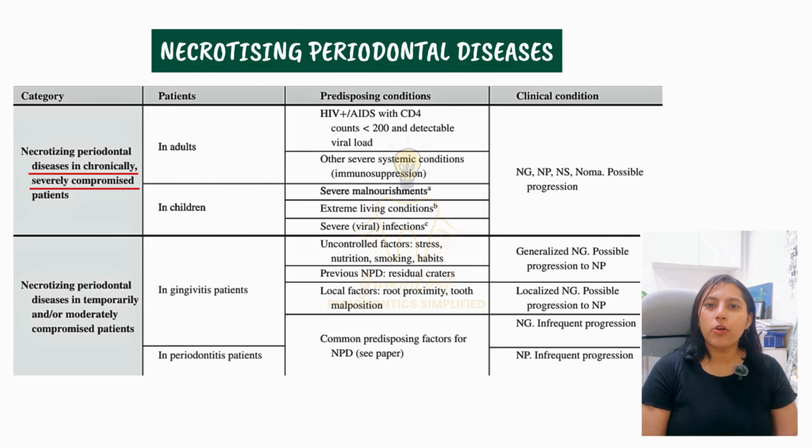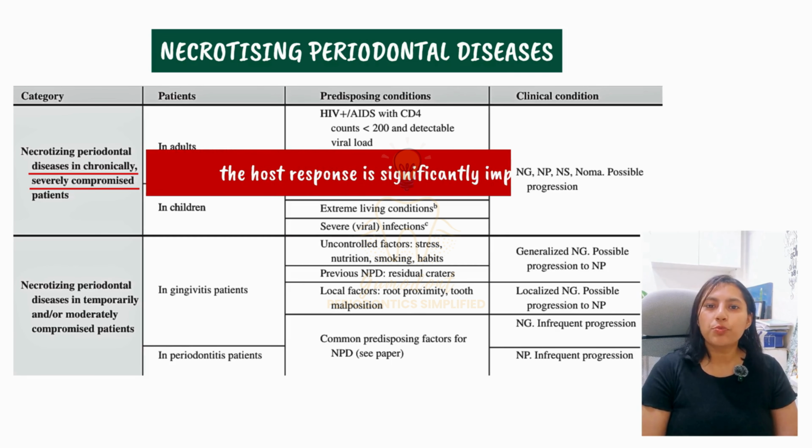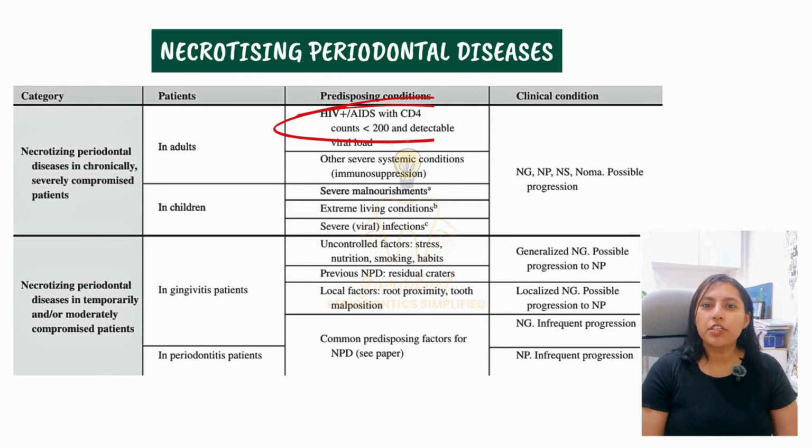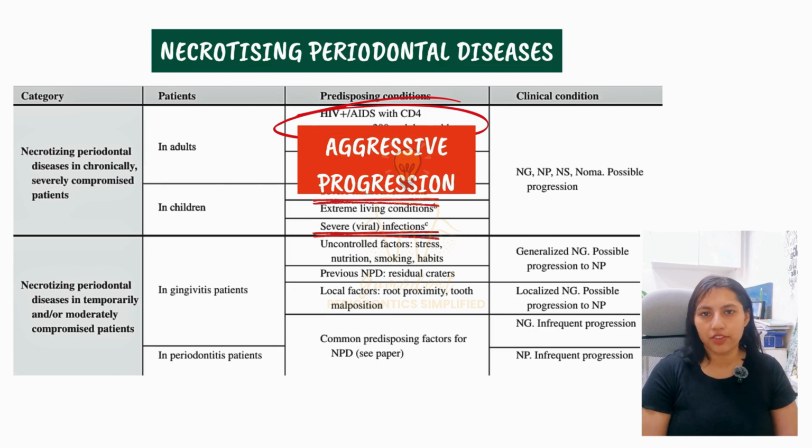Now, in severely compromised patients, the host response is significantly impaired. For example, patients with uncontrolled HIV infection, severe malnutrition, serious systemic disease, or severe infections. In such patients, the necrotizing lesion can progress very aggressively.